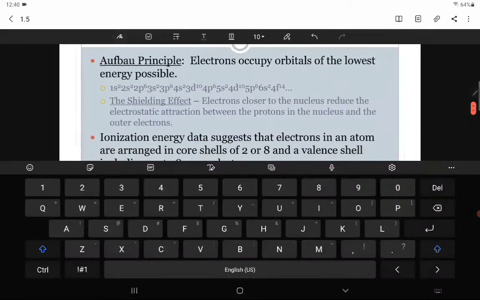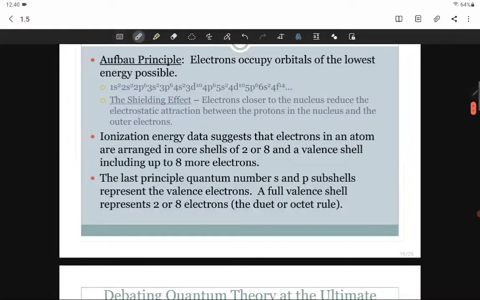Okay, and I mentioned that your third rule was going to be the Aufbau principle, and that is just the electrons residing closest to the nucleus all the way out to infinity. We're not going to go to infinity, but as you go further out, these electrons have more and more energy. The ones close to the nucleus possess the least energy. And we are going to talk about this thing called the shielding effect.